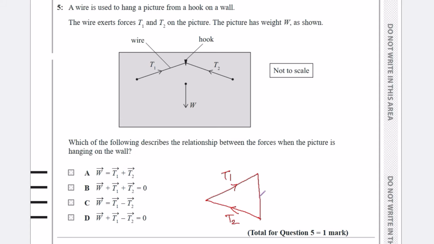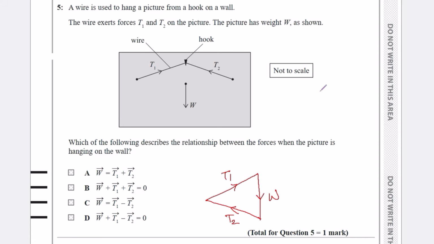Always ensure the directions as well. When you look at the vector diagram, it forms a complete loop, meaning if you add up all these forces, of course it has to be the vector sum, the vector sum of all these forces should be zero, as in the resultant force is zero.